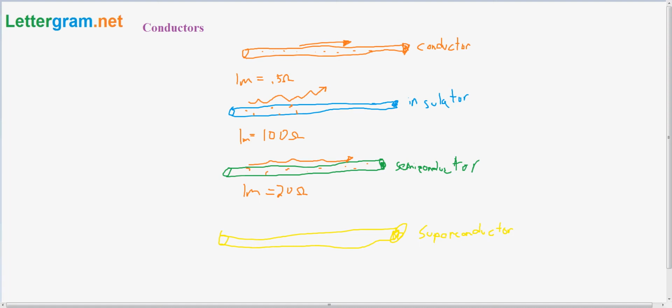And essentially what they are are materials which at low temperatures right now, maybe probably less than 25 Kelvin, have a resistance of 1 meter equal to 0 ohms.